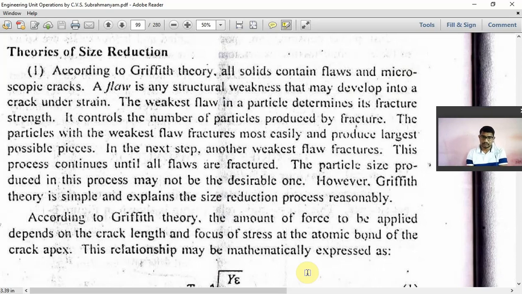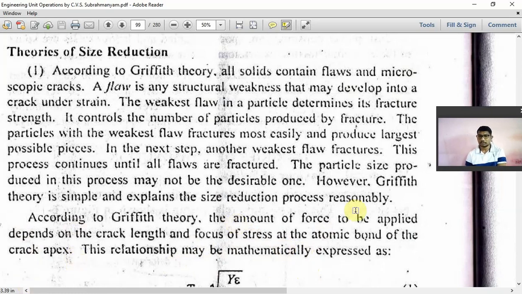Okay, now according to Griffith theory, the amount of force to be applied depends on the crack length and the focus of stress at the atomic bond of the crack apex. That is the theory.